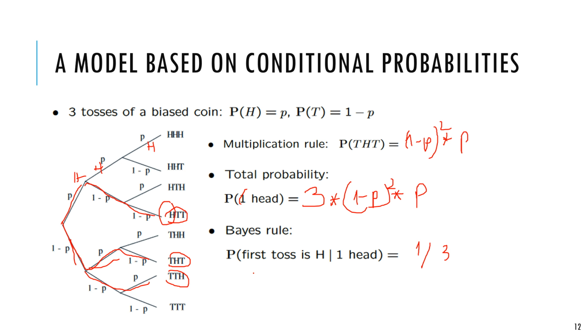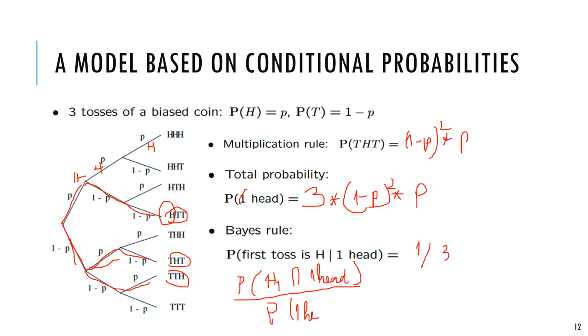So how do we calculate the probability of first toss X1 given 1 head, divided by the probability of 1 head?